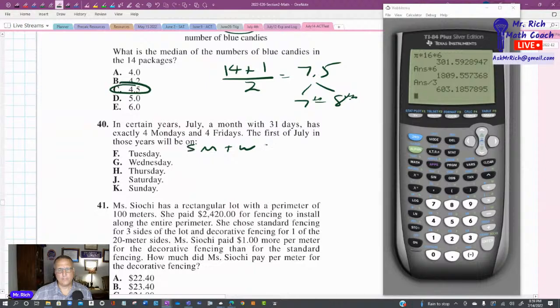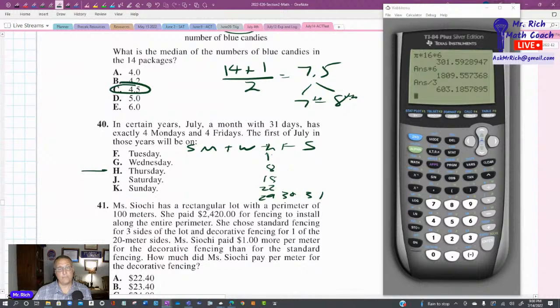So Sunday, Monday, Tuesday, Wednesday, Thursday, Friday, Saturday. All right, I'm going to start with Thursday. If that's the first, then I would go 8, 15, 22, 29. That would be 30 and 31. That's not going to work because that's going to give me 5 Fridays.